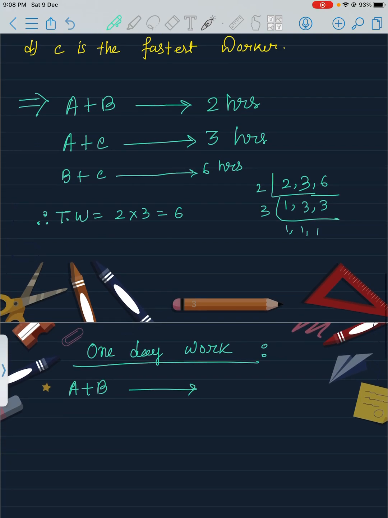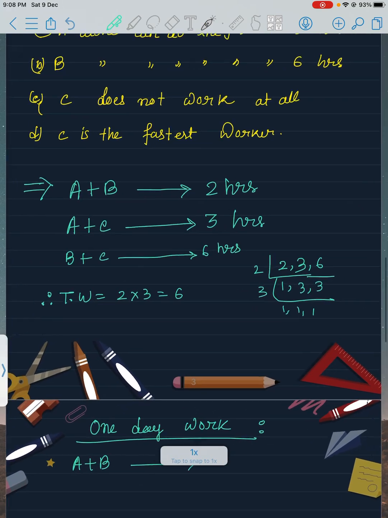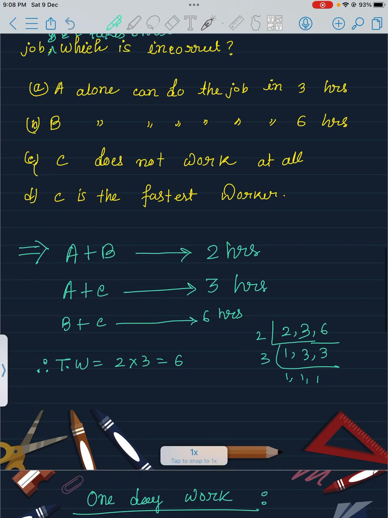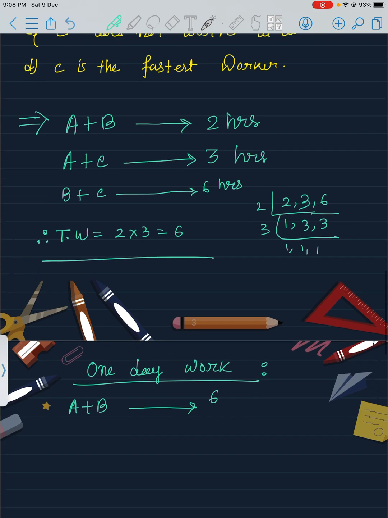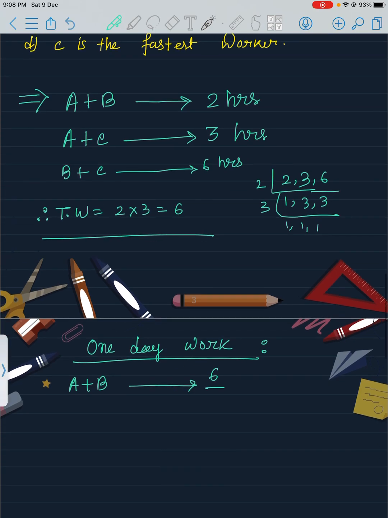Total work here is 6, divided by time, which is 2 hours. So this one day work is 3.